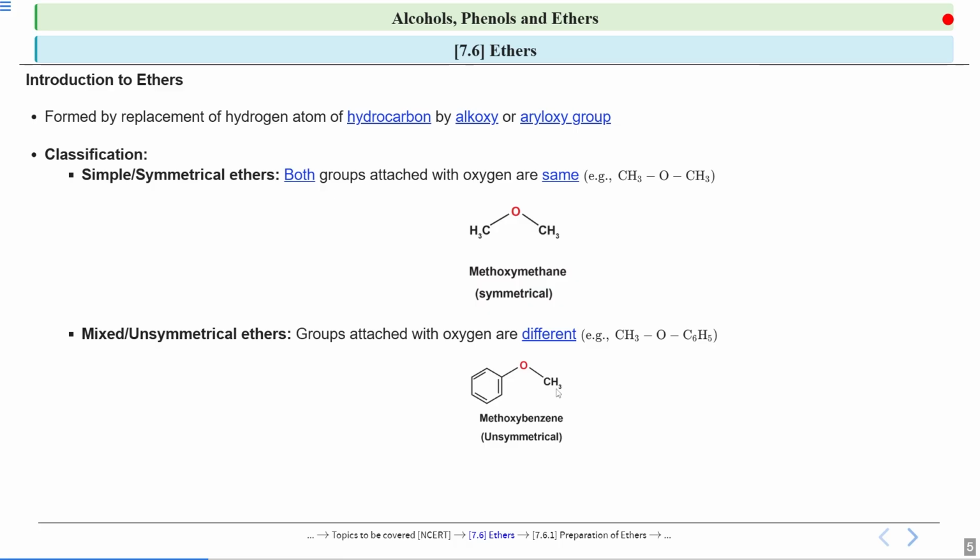So it will be methoxybenzene. This is how we do the nomenclature of ethers. There are two types, simple and mixed. Whenever the hydrogen of a hydrocarbon is replaced by an alkoxy or an aryloxy group, an ether is formed. So this was the introduction about ethers.